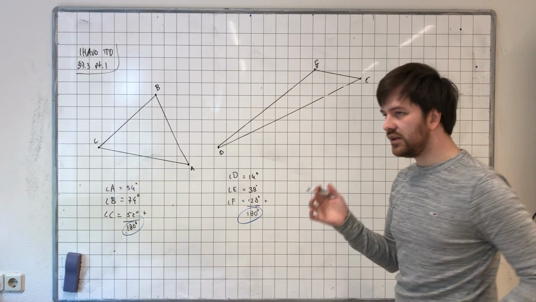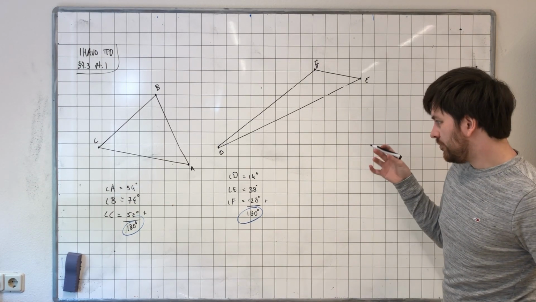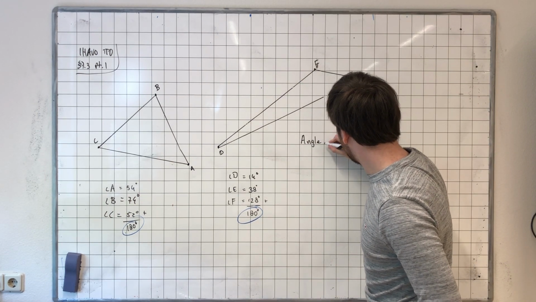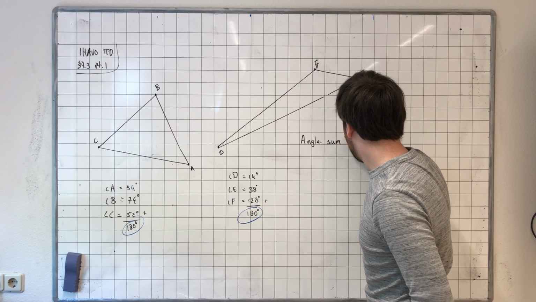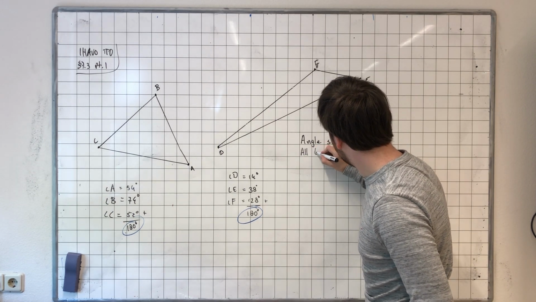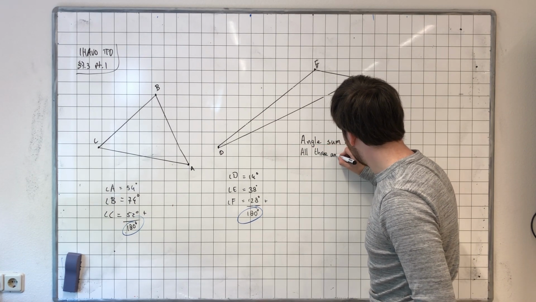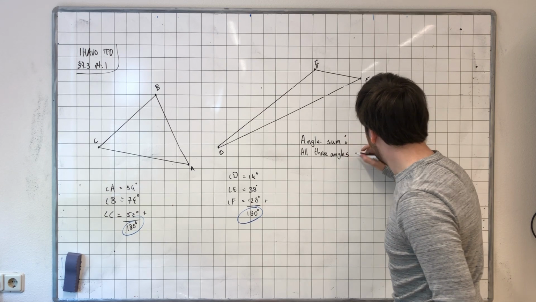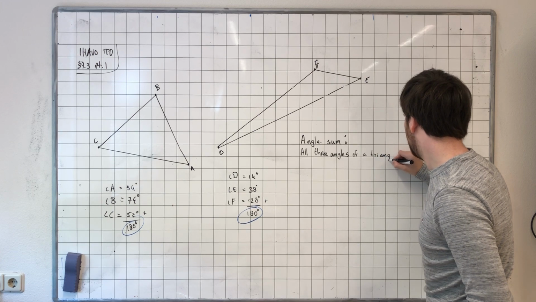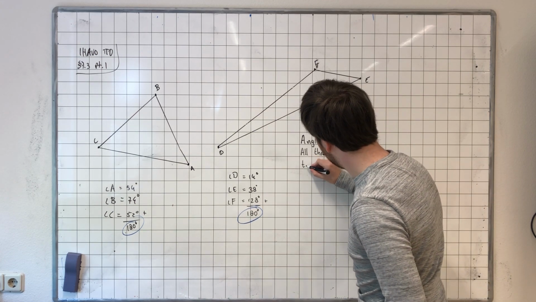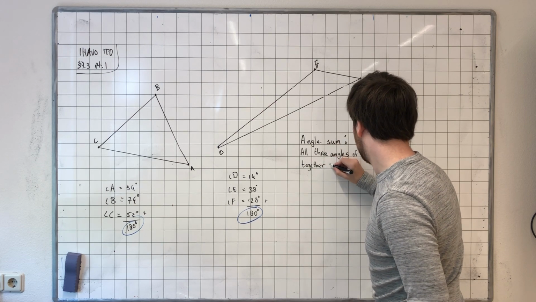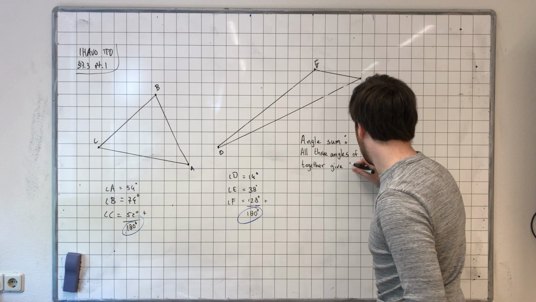Well, in math we have a theorem, and I'm going to call it the angle sum theorem, and what does it tell you? All three angles of a triangle together give you what? 180 degrees.